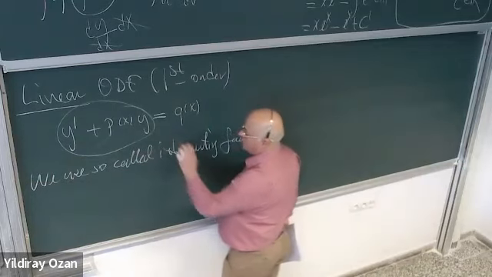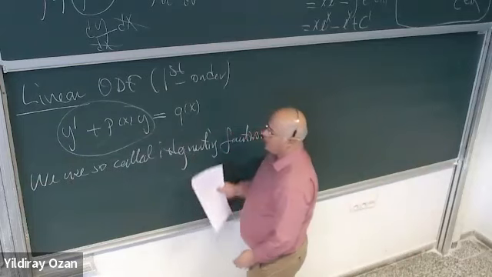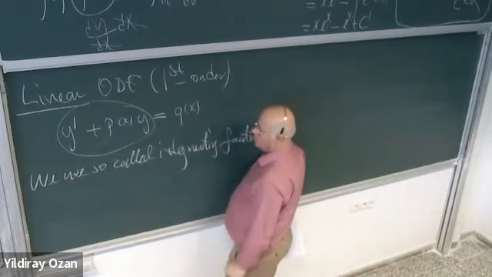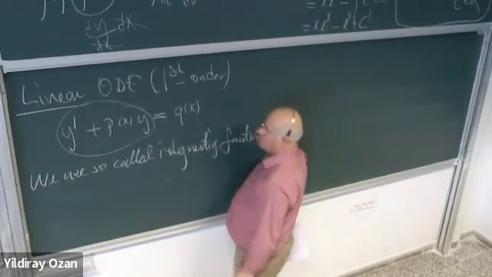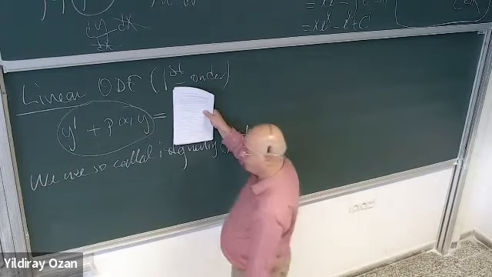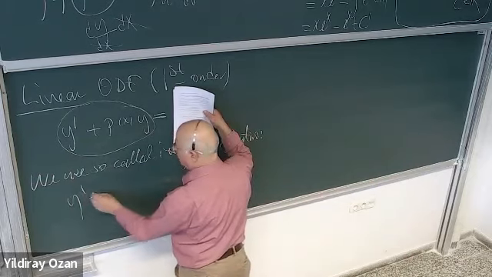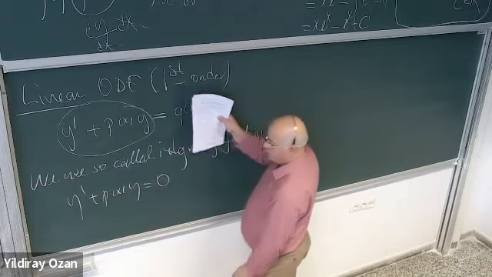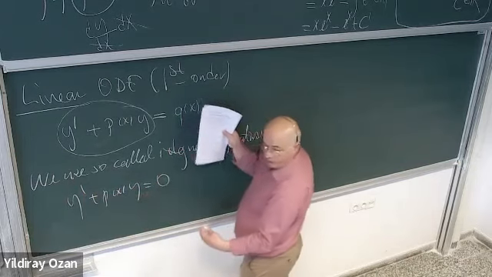How can we find the integrating factor? Well, suppose I didn't have this gadget, so I would have just this, and then in that case, this would be a separable equation.